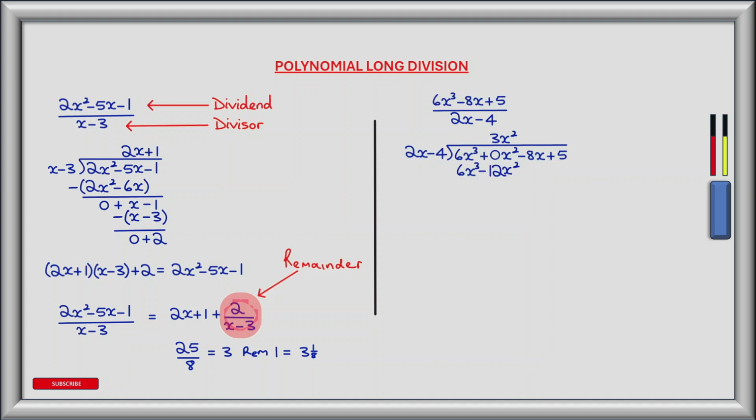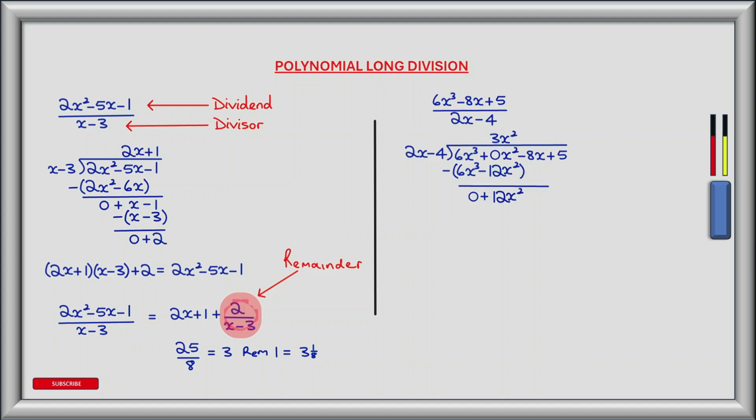So dividing the largest powered x term in the divisor into the largest powered x term in the dividend, we are dividing 2x into 6x cubed, and that gives 3x squared. If we now multiply the 3x squared by the divisor, we have 3x squared times 2x gives us 6x cubed, and 3x squared times minus 4 gives us minus 12x squared.